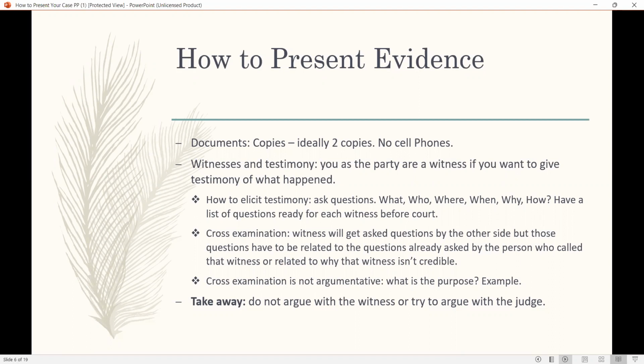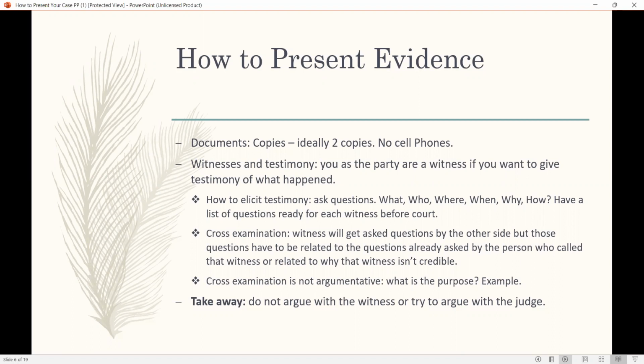You want to make sure you start pretty much every question with what, who, where, when, why, how. And have a list of questions ready for each witness before you go to court. You might want to use the columns or the chart that I referenced earlier to keep track of those questions in order to make sure that you're asking questions about things that you need to prove.